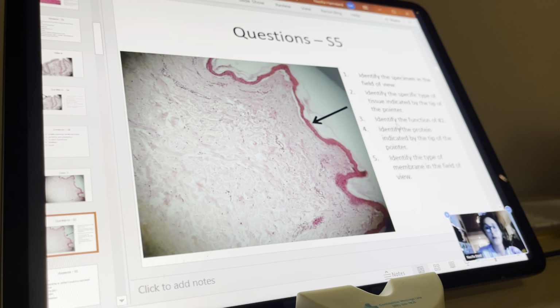And then what's the function of it? I'm going to say protect. Yes, exactly. And every time you see the word stratified, it's going to be protection. There's only 2 stratified epithelial tissues, right?